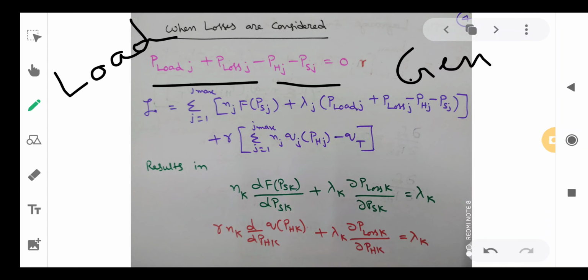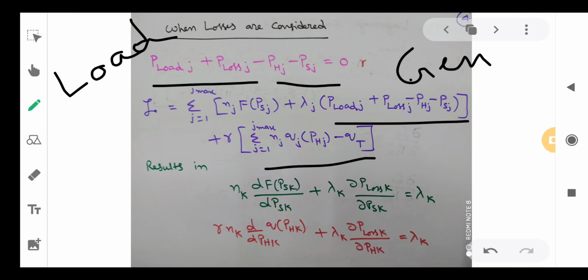Lambda is equal to sigma j is equal to 1 to j max Nj into f, the function of Psj, plus lambda j into the load balance equation or power balance equation. This is constraint 1. This is constraint number 2, gamma into water discharge equation.